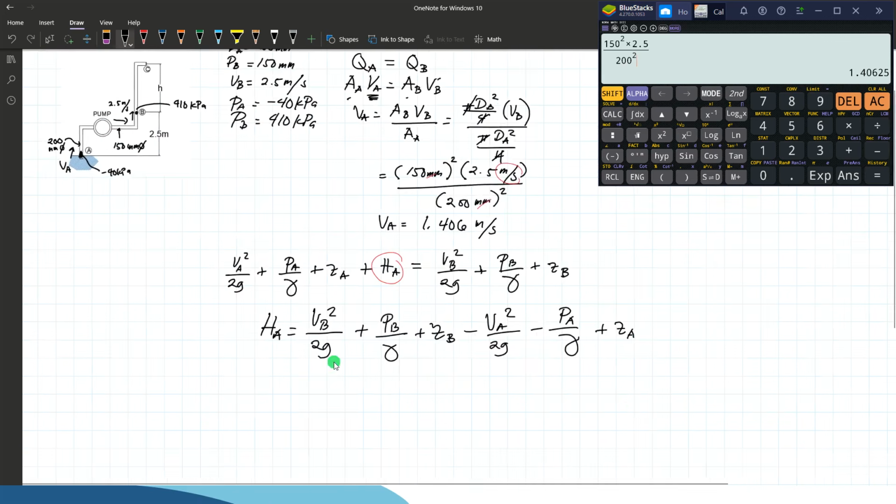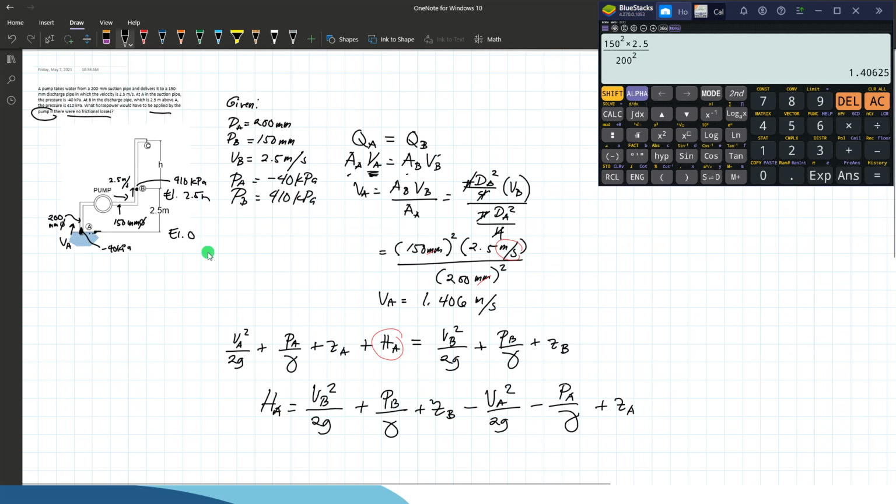For Z, let's consider the elevations at point A and point B, or the elevation head. Let's say the elevation at point A is our reference point, so that is 0, and point B is 2.5 meters above, so that's 2.5 meters. Z at A is 0.